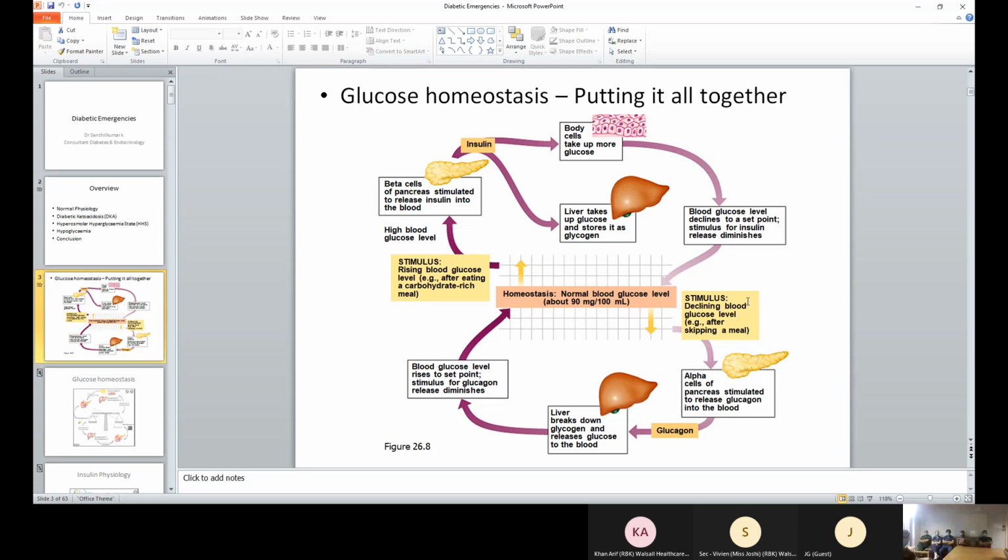If the blood sugar goes lower, the alpha cells in the pancreas switch on, causing glycogenolysis, the breakdown of glycogen, whose main source is the liver. The end product is glucose, which helps maintain the level. That's how the homeostasis works.